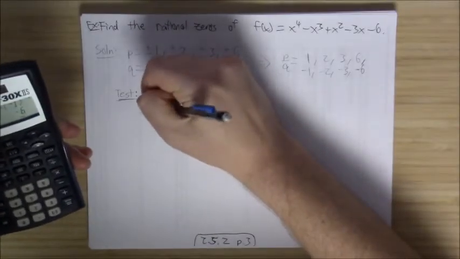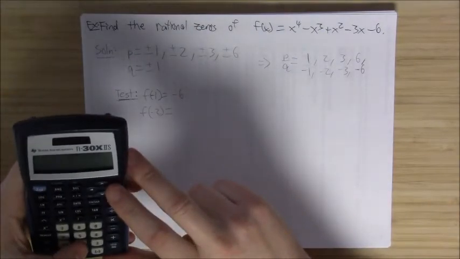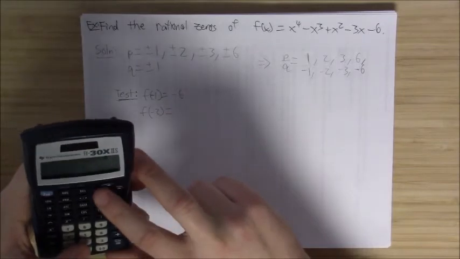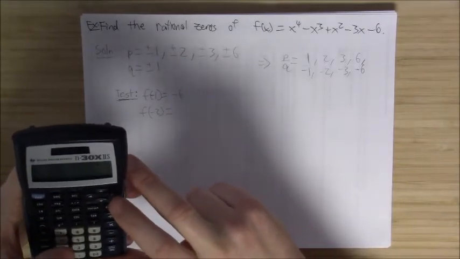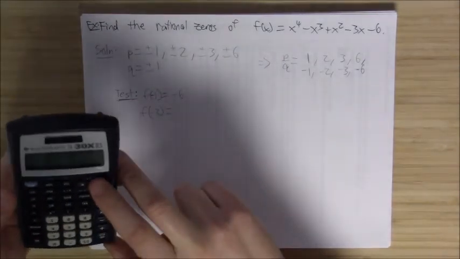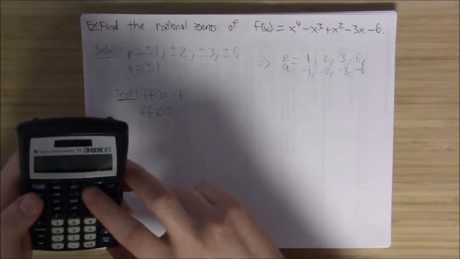F of negative 2, plugging that in, you get 2, whoops. That should have been a negative before. Let's go up a line, make sure I did that right. I didn't.